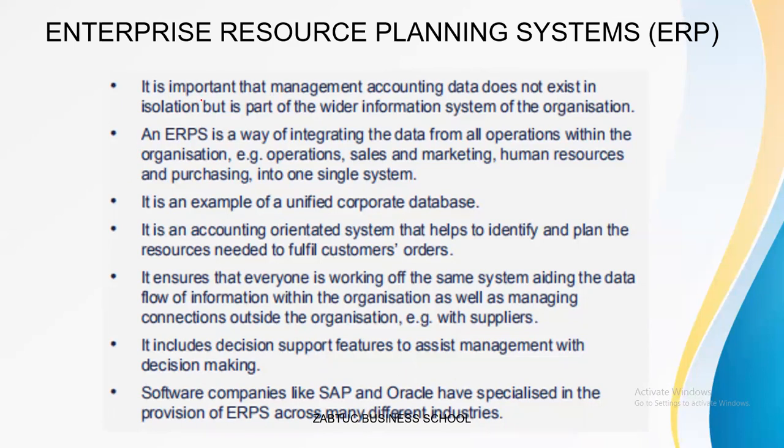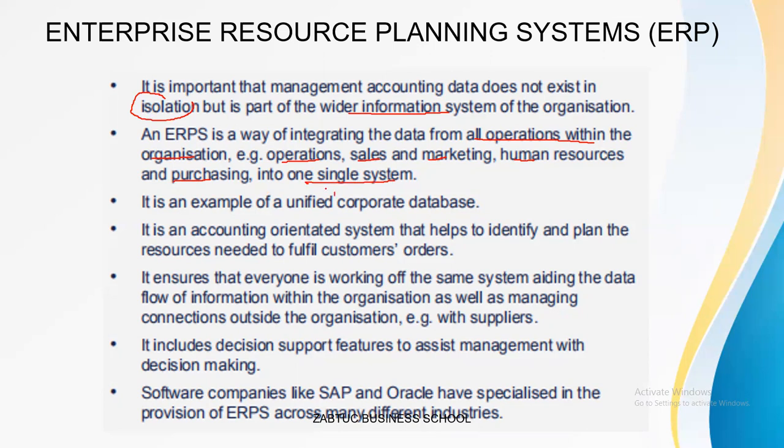Let's continue. It is important that management accounting data does not exist in isolation. Otherwise, you may make wrong decisions, isn't it? But it's part of the wider information system of the organization. An ERP is a way of integrating data from all operations within an organization, e.g., operations, sales, marketing, HR, and purchasing into one single system.